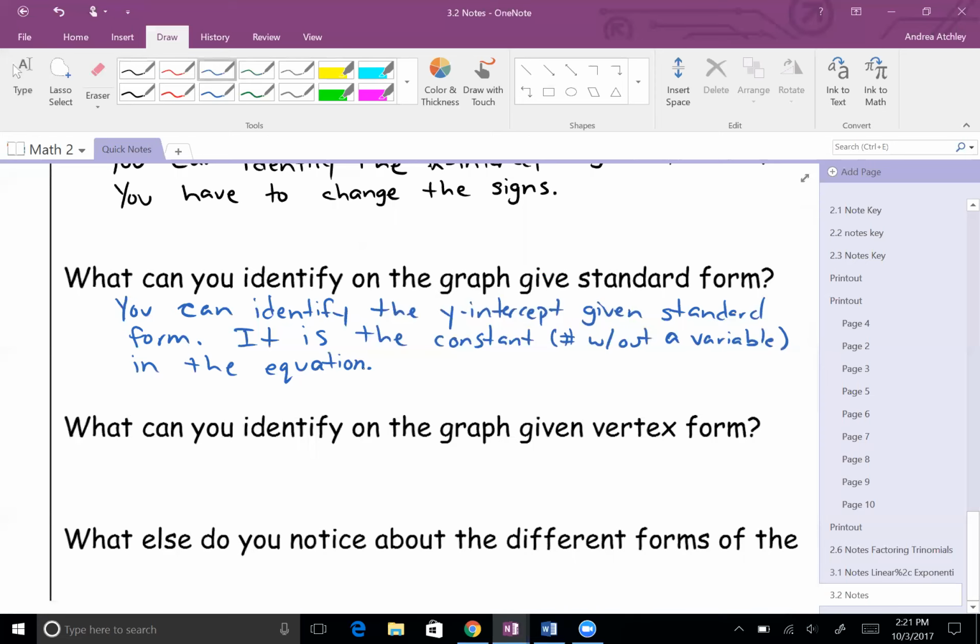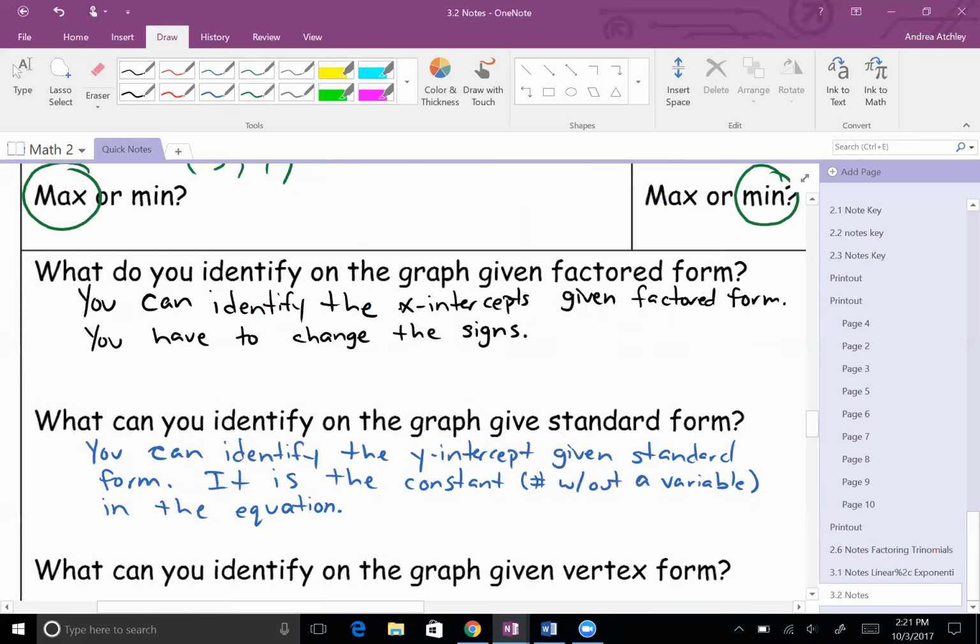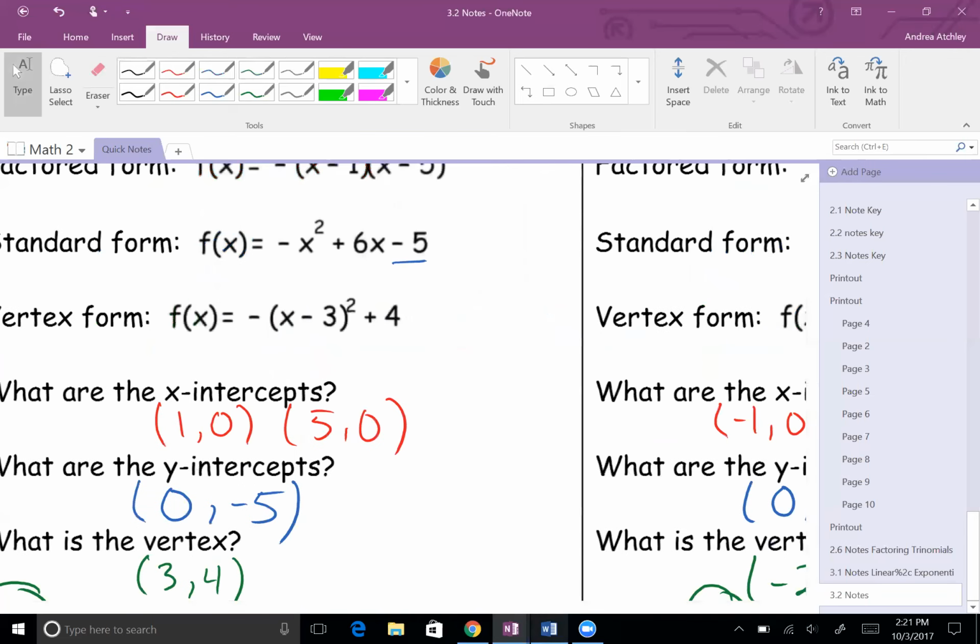Okay. Anyone want to take a wild guess as to what we can identify in vertex form? Yes. Very good. Okay, so I can identify the vertex given vertex form. But if you can see, the number inside the parentheses is going to change signs.